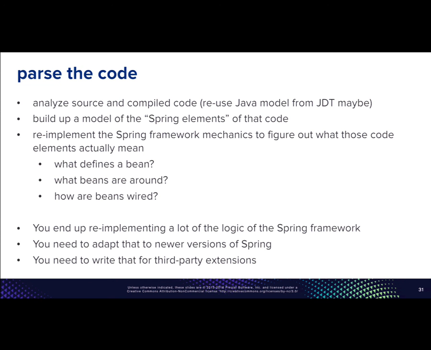And in the very early days we tried that, but it turns out that you start re-implementing huge parts of the logic of the Spring framework itself. Like, how does Spring do the wiring between beans? How does Spring create a bean if there's just a factory? What type is that bean of?